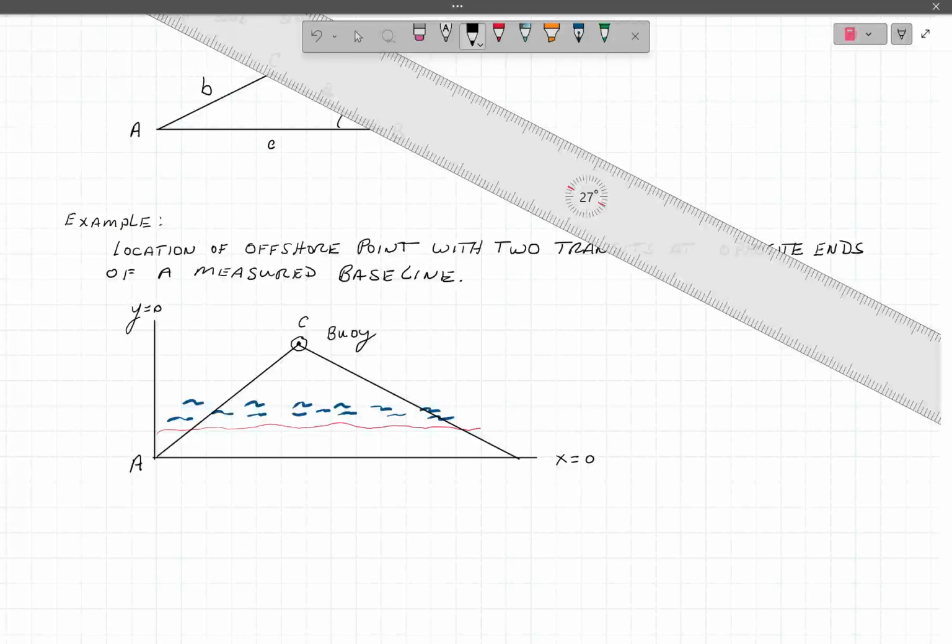Okay, and this will be point B. But we have a known distance on our baseline here. X equals 0 is our baseline, which we actually measured. So we're going to call this one 243.69 feet.